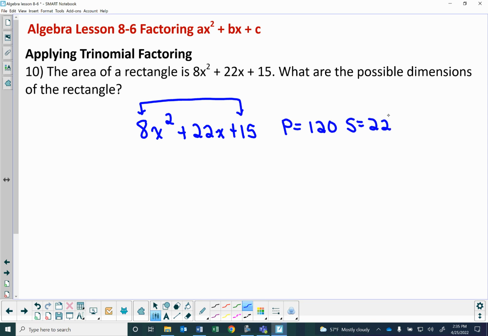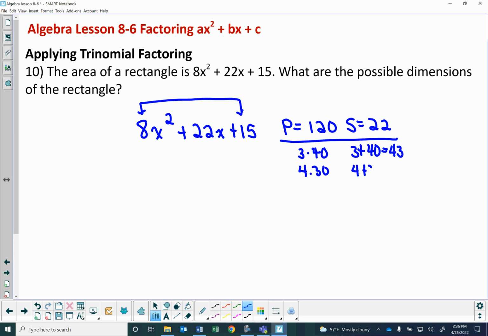Ooh, that's going to be fun. All right, so I know it's not going to be 1, and I know it's not going to be 2. Let's start with 3. So 3 times 40. Nope. 3 plus 40 is 43. That's too big. 4 times 30.